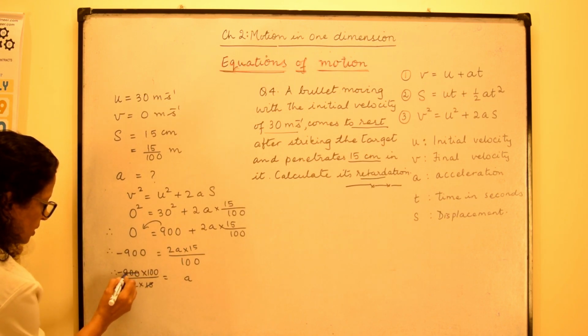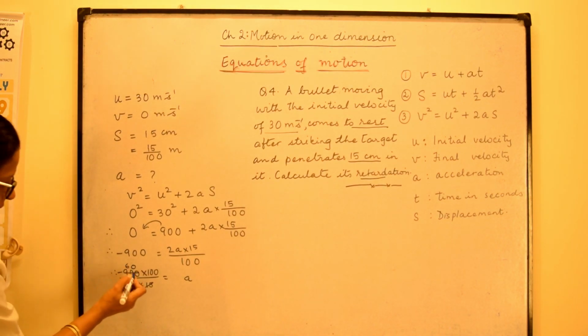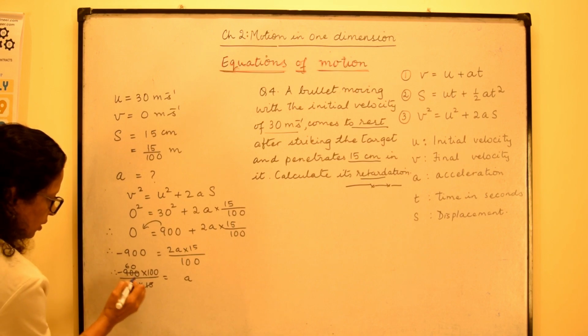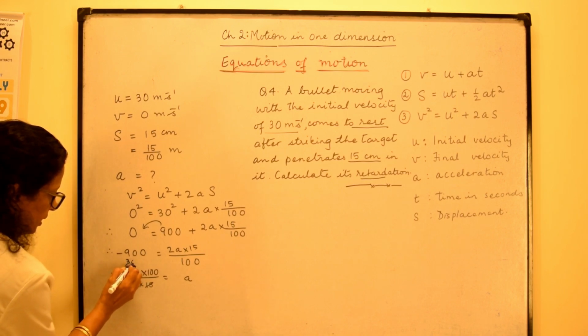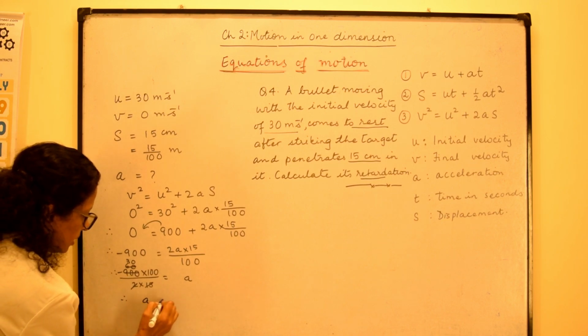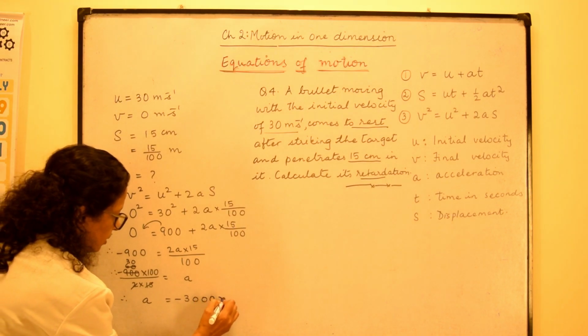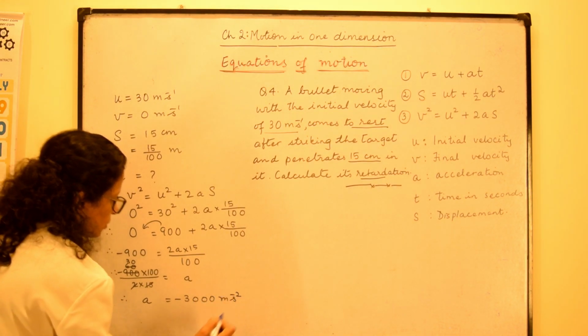Now 15 goes 6 times in 90, so 60 times in 900, and 2 will go in 60 thirty times, so this will be 30, and therefore acceleration will be minus 3000 meter per second square.